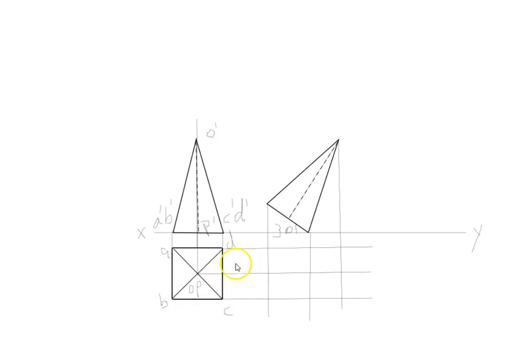We have marked the points, and correspondingly we have the corners marked here as well: O dash, P dash, A dash, B dash, C dash, D dash. In another way, you can say that this pyramid is being tilted with respect to the edge C dash, D dash.